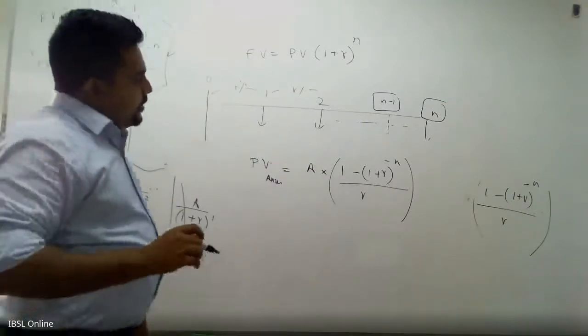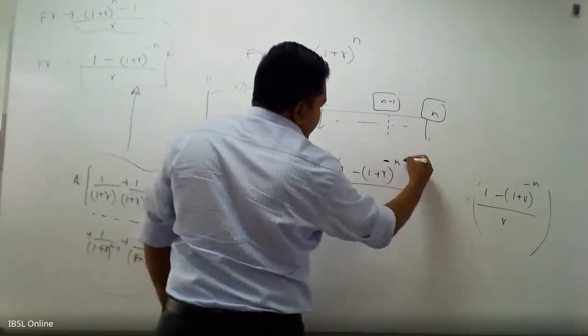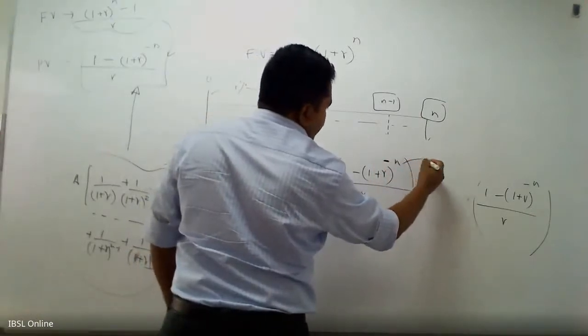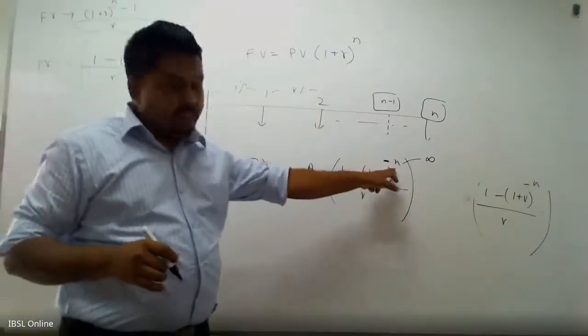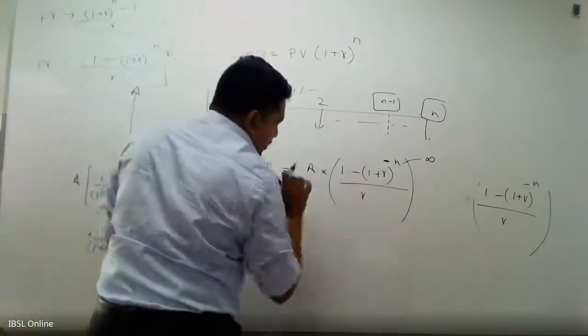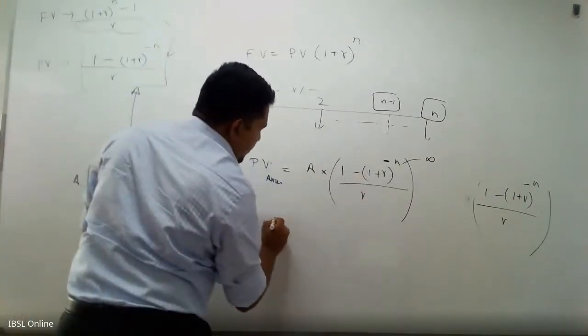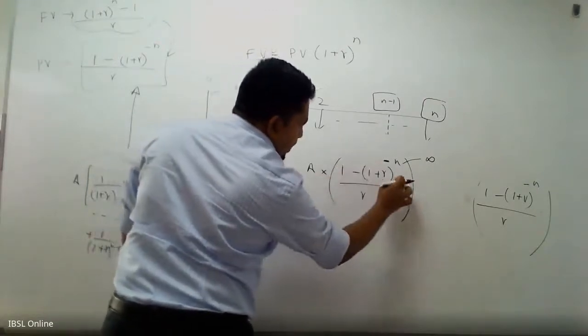So what happens is that when n goes to infinity, negative n is going to be 0. If I rewrite this part slowly, mathematically, forget about these parts, I'm just going to elaborate what I can see here.